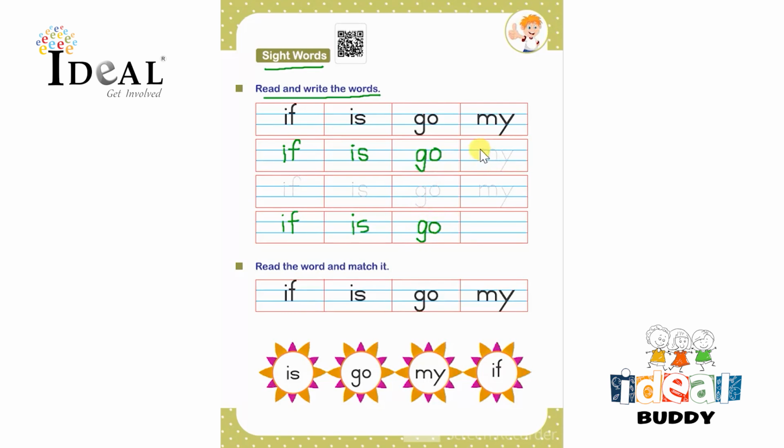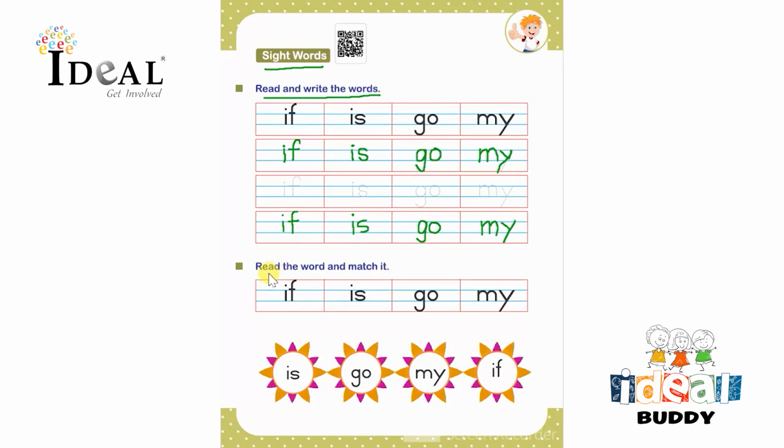And the last word is my, M-Y, my. And again they have to trace it over here and then write it in the space given below. So let the child read the words again once they are done with this.